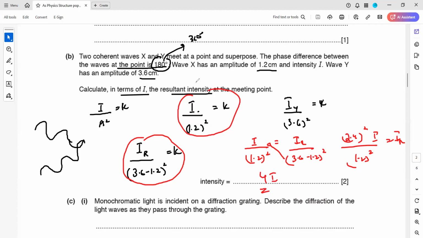But if they ask the same question, what is the intensity of Y, then we will compare this equation with this one. And if the phase difference was 360, then instead of finding the resultant by subtraction, we will add the two values. Is it clear?